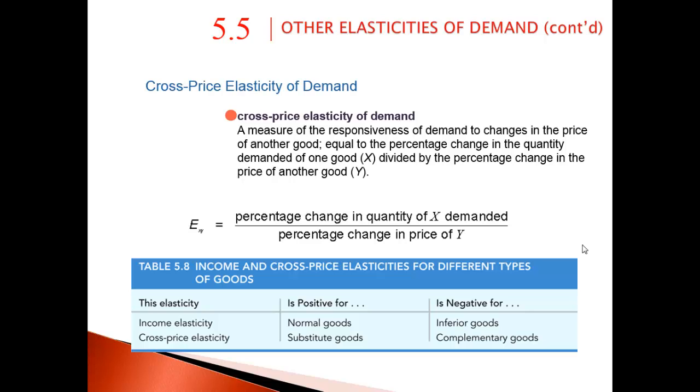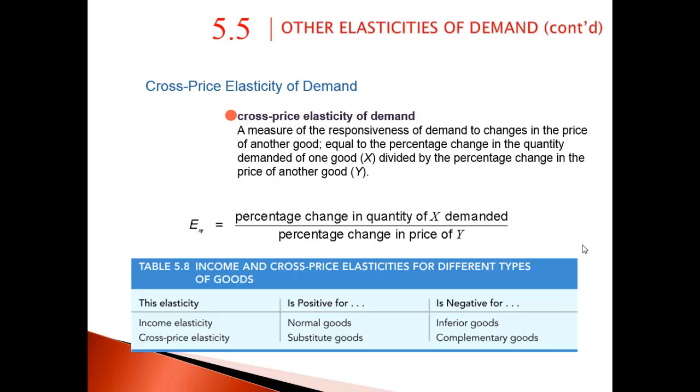Let's say you have two substitute goods and they are sold by different businesses. For instance, Pizza Hut and Domino's. If Domino's lowers the price of their pizza by, let's just say, 10%, and Pizza Hut's amount sold decreases by 10%, then we know these are cross-price elastic.